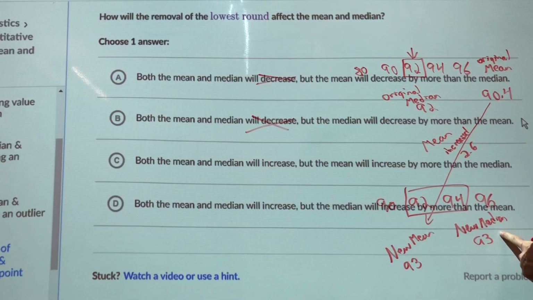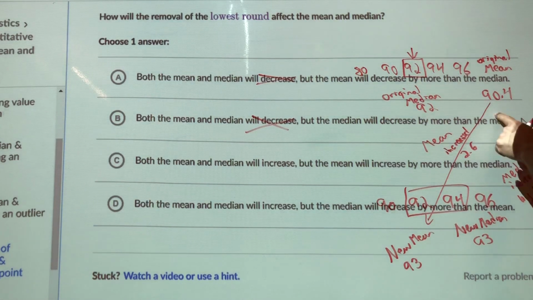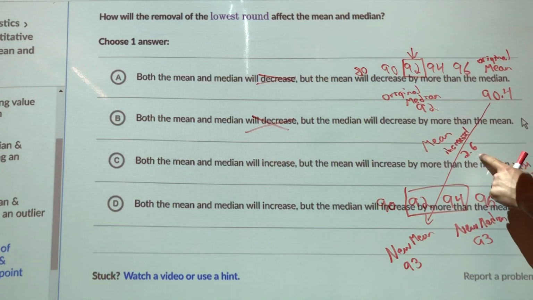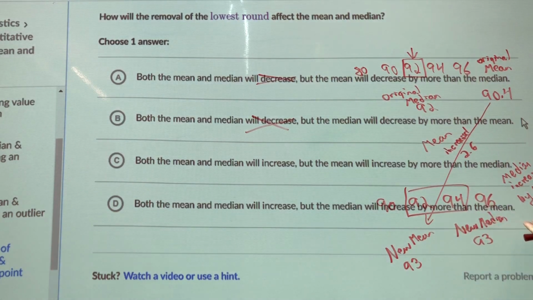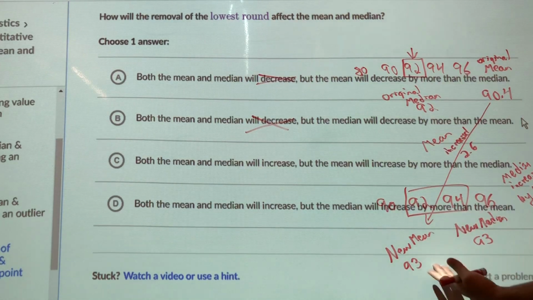The median increased by 1. So both the mean and the median will increase, but the mean will increase by more. Well, that's right. The mean increased by 2.6, and that's more than the median. Again, I did all the work. I found the original median, the original mean, the new median, the new mean, compared them, and found out that this answer should be answer choice C.